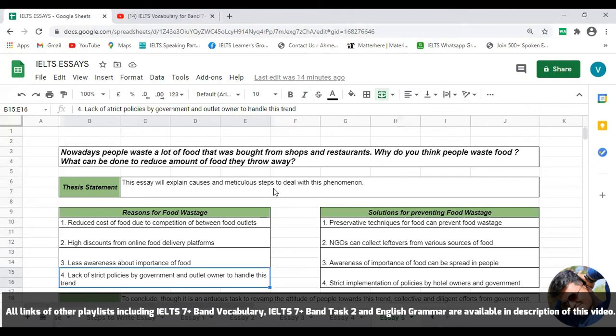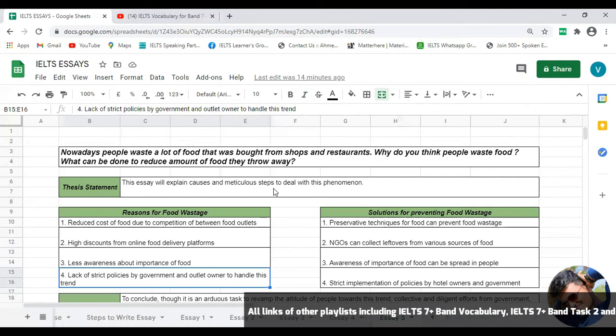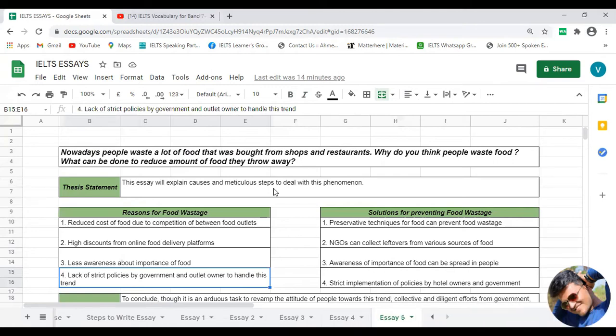Or to some extent, outlet owners are also not creating rules and regulations which can prevent this kind of food wastage. Because of that, the wastage of food is high. So this is also one of the reasons due to which food is wasted in high quantity, right? So you can also include this point in your body paragraph number 1.